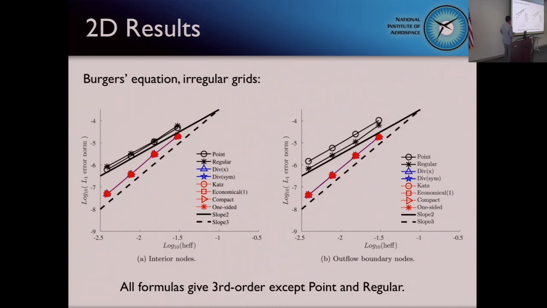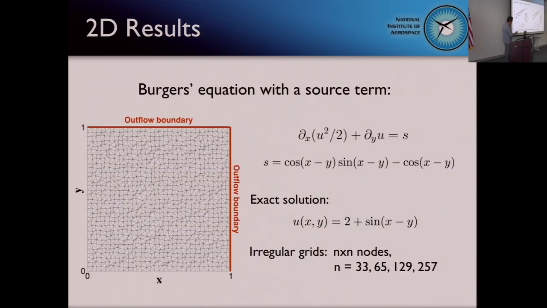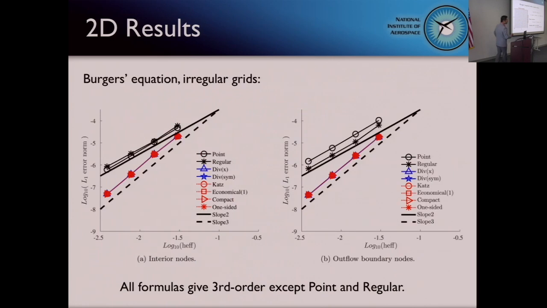The results show, as expected, that the point and regular formulas do not give true accuracy. The errors are very high. But the divergence formulation, the new formulas, and including Katz now work in 2 dimensions. For quadratic least squares, we use here the neighbors-of-neighbors stencil. This one, neighbors of neighbors, yeah. But for the regular gradient results in the paper, we use only the neighbors.